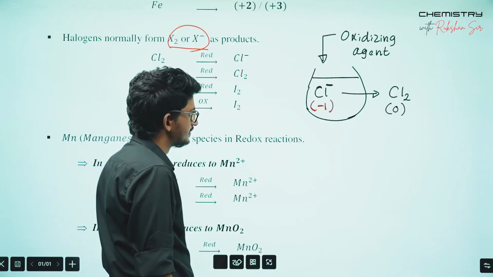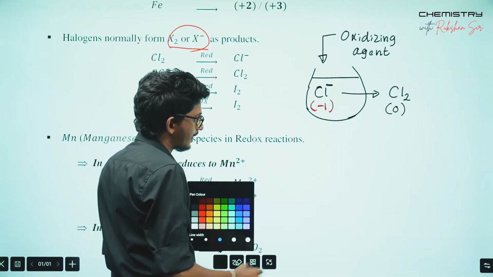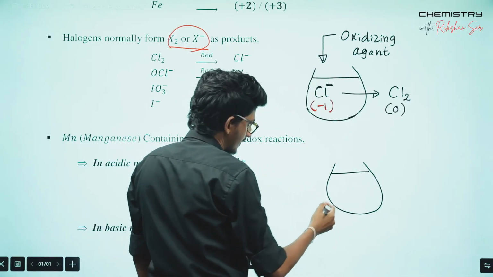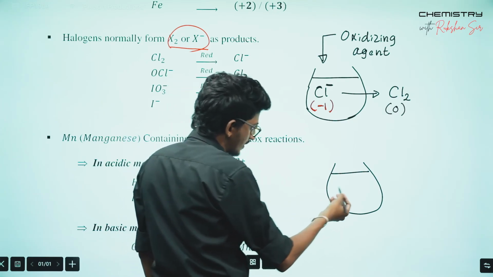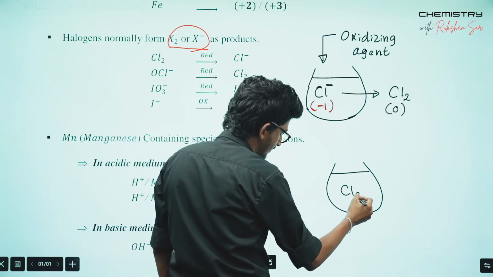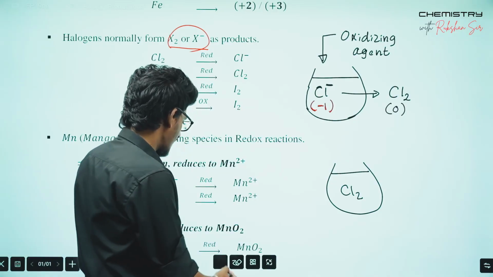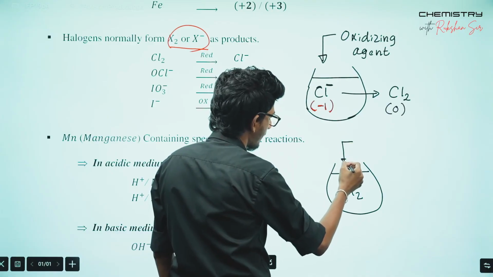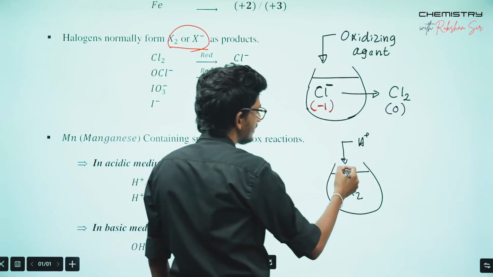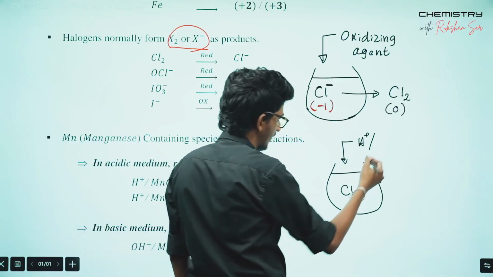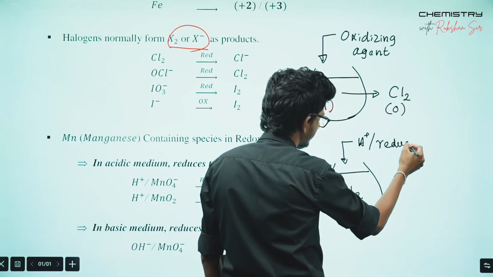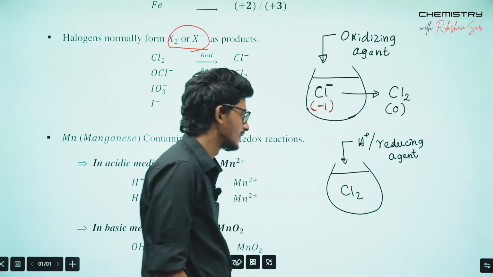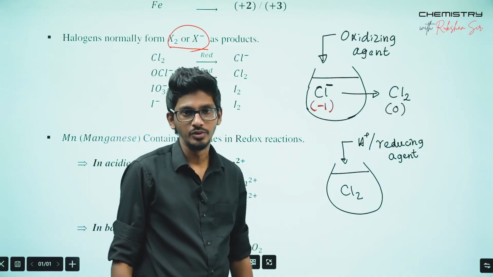If you need another example, let's say you have some Cl2 here, and you are adding some acidic reducing agent from the top. That means the contents of the flask should get reduced by this addition.